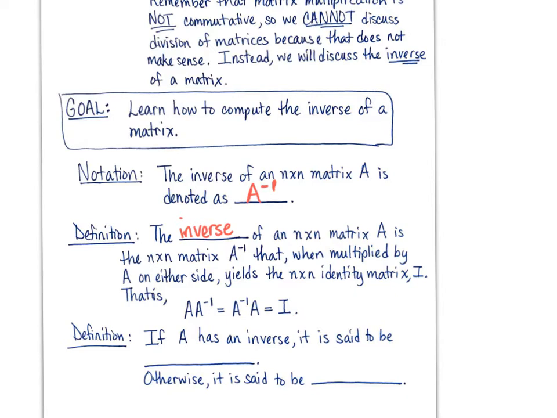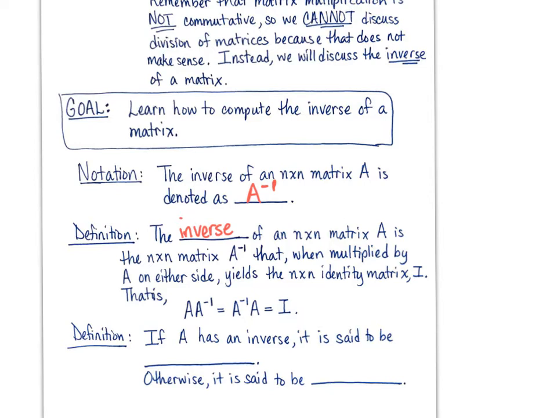What does the n by n identity matrix look like? No, it's not a 1 by 1 matrix. Online they said a 1 by 1, but it's not. What does an n by n identity matrix look like?